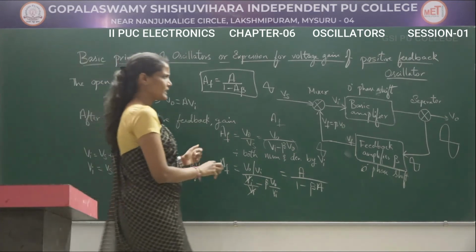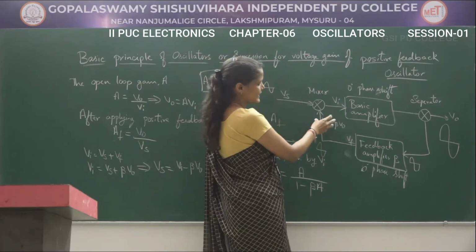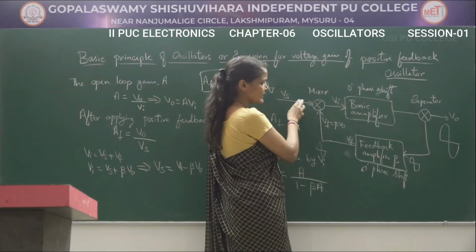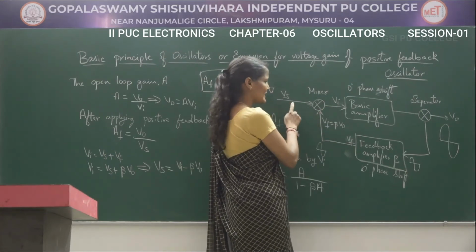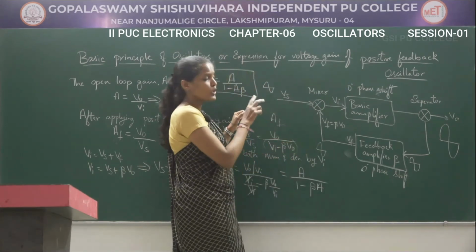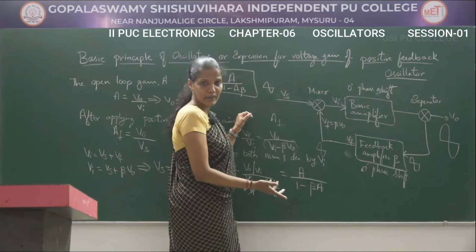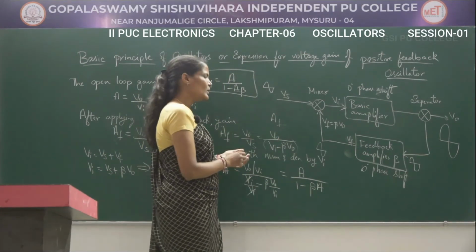But in the mixer, I will be getting two separate signals. One is Vs, the other one is Vf. Both are in phase with each other. So Vi will be equal to the sum of these two signals. If both are out of phase, then this and this get cancelled. It would be Vs minus Vf or Vf minus Vs depending upon the voltages.